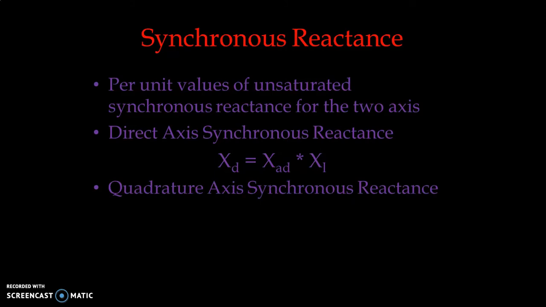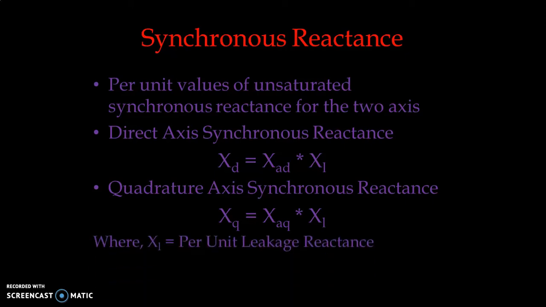And same way quadrature axis synchronous reactance, that is indicated by XQ, and Q is for quadrature axis, and that is XAQ multiplied by XL, where XL, that is per unit leakage reactance, and that is common in both the axes, that is direct as well as quadrature axis.